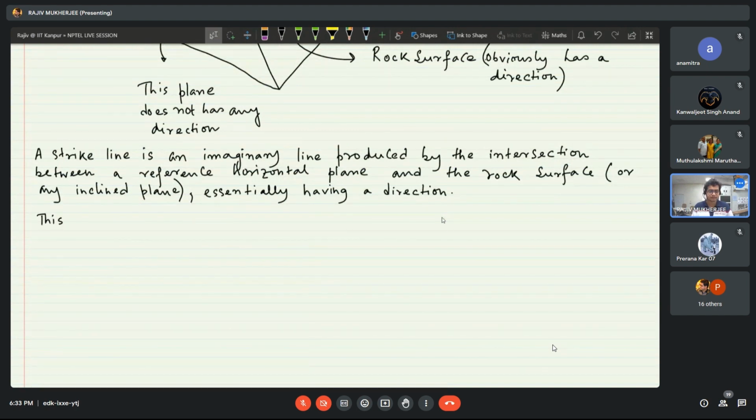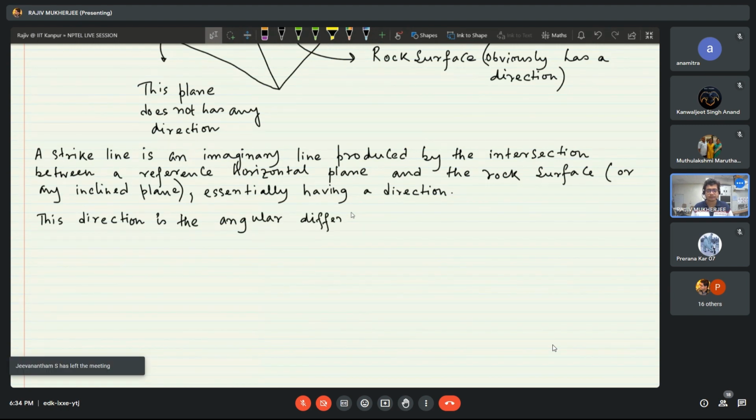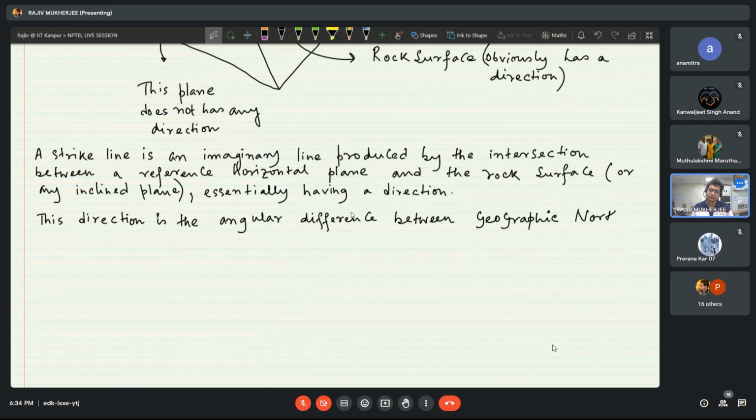This direction is nothing but the angular difference between geographic north and the strike line, right?